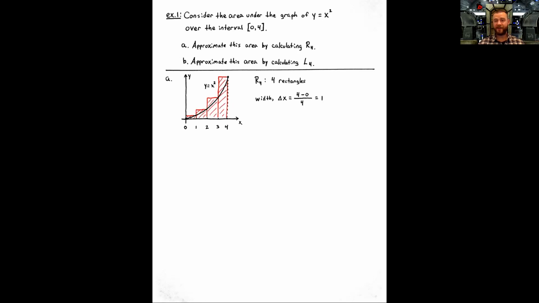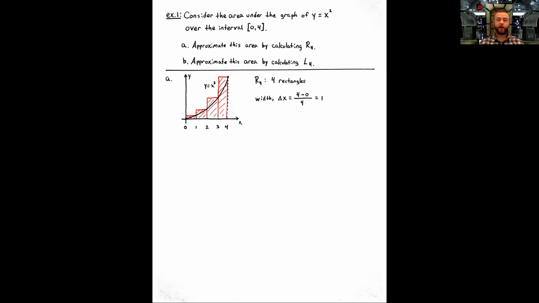So we take our total interval, 0 to 4, and divide it into 4 smaller intervals, each of width 1 unit. We have the subintervals from 0 to 1, 1 to 2, 2 to 3, and 3 to 4.